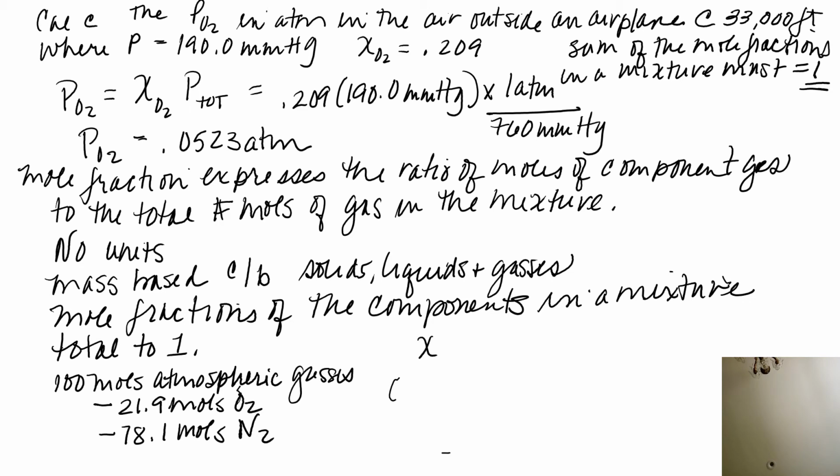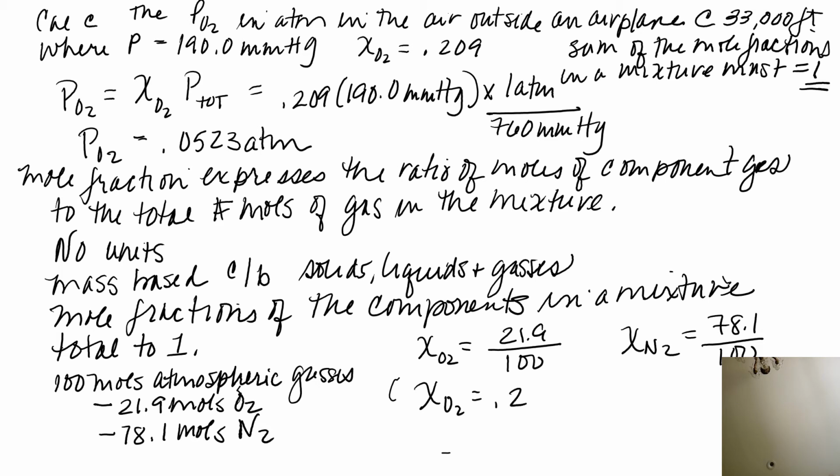So we're just calculating mole fractions of O2 and N2. We're given the number of moles of each. We're given the total. So the mole fraction of molecular oxygen is 0.219, and the mole fraction of N2 is 0.781.